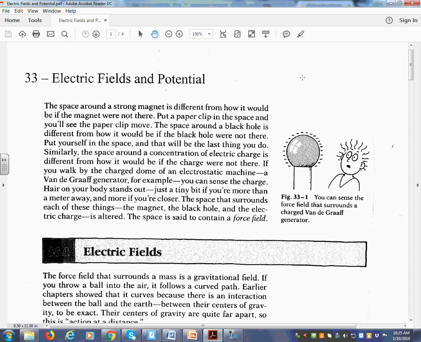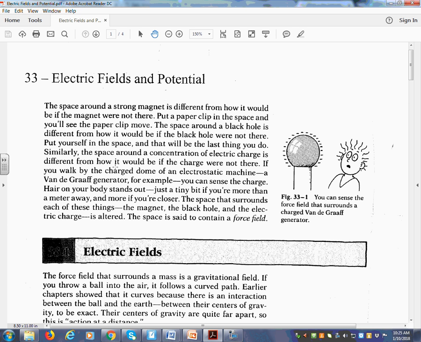Let's begin. The space around a strong magnet is different from how it would be if the magnet were not there. Put a paper clip in the space and you'll see the paper clip move. The space around a black hole is different from how it would be if the black hole were not there. Put yourself in that space and it will be the last thing that you do. Similarly, the space around a concentration of electric charge is different from how it would be if the charge were not there.